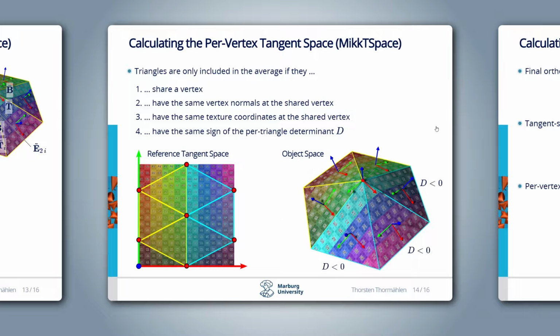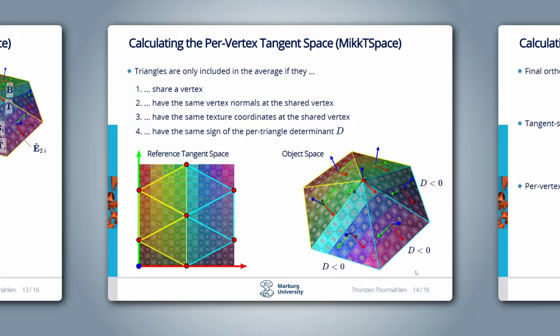The cyan triangles have a negative d, indicating a left-handed per-triangle tangent frame. This means that the yellow and cyan triangle groups are not part of the same surface parameterization and we must compute a separate per-vertex tangent space. This one for the yellow group and this one for the cyan group.